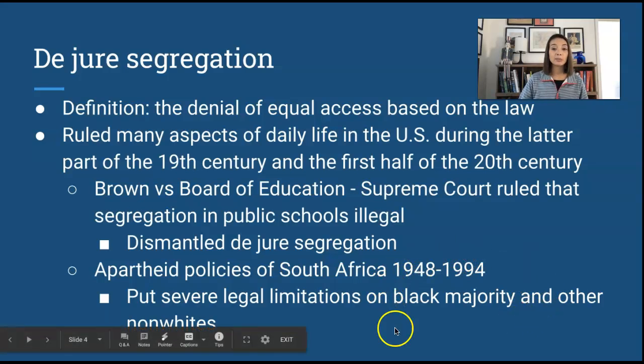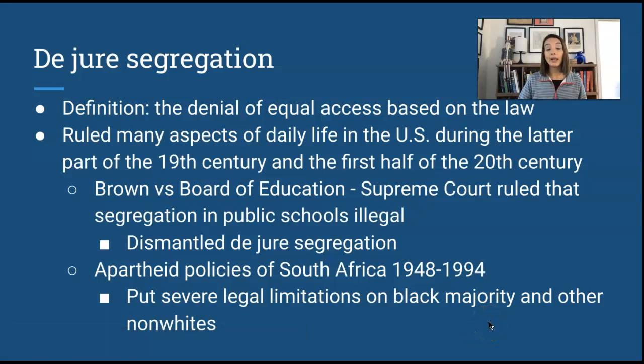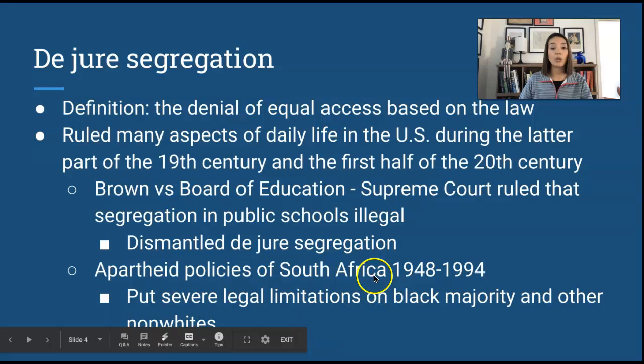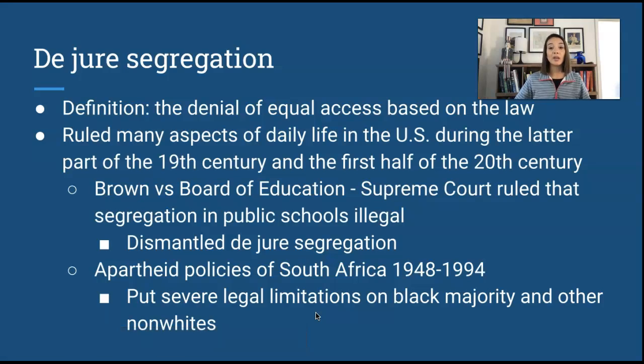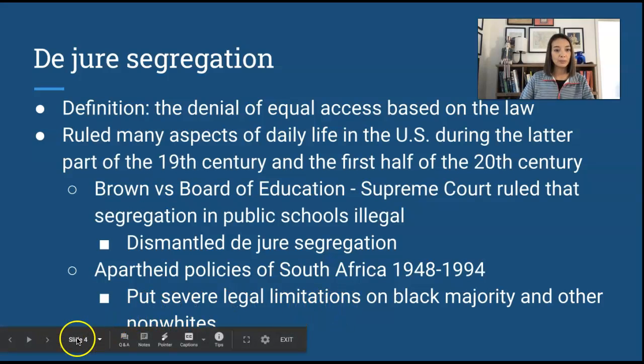You can see the phrase Black majority, because Blacks outnumbered whites in South Africa, but it is the whites that had much more power. And so they were denying equal access to things in society because they had the power and because of racism, prejudice, and discrimination.